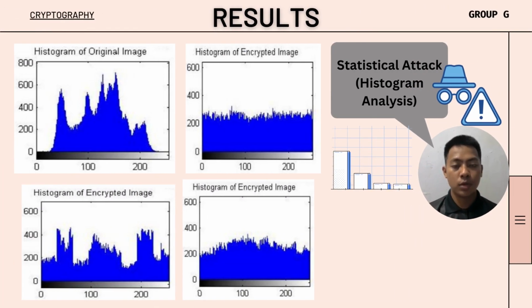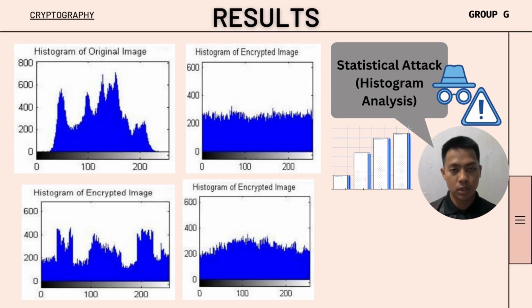Then for the statistical attack, histogram analysis, the histogram shows the number of pixels for each gray value in the image. The histogram graph shows the grayscale histogram of the original image and the encrypted image of the Duffing, Tinkerbell, and Gingerbread Man maps respectively.